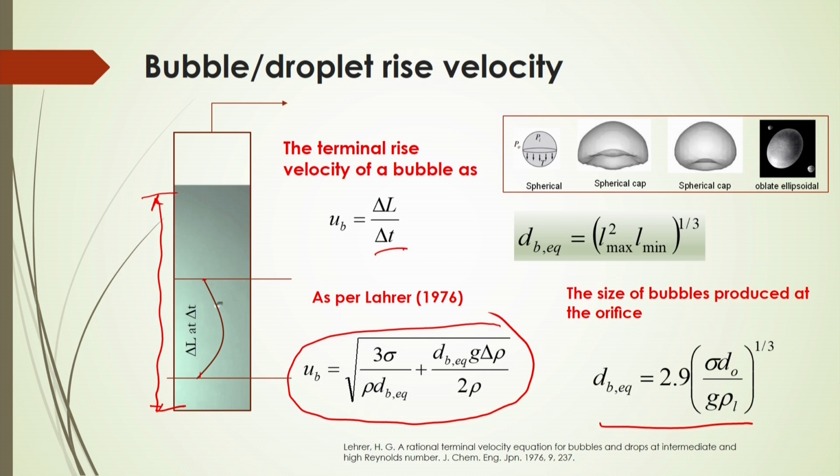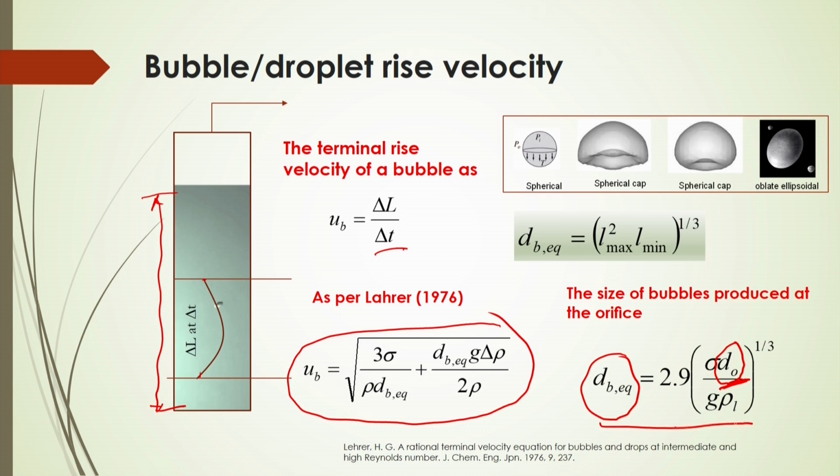Another important correlation I have to mention here is for the equivalent bubble diameter. Suppose a bubble is produced and distributed through a distributor, and the distributor hole size is d0, that is the orifice diameter. Through the orifice the gas comes out from the distributor. Once you know that orifice diameter and the physical properties of the system, you will be able to calculate the equivalent bubble diameter coming out from the distributor.